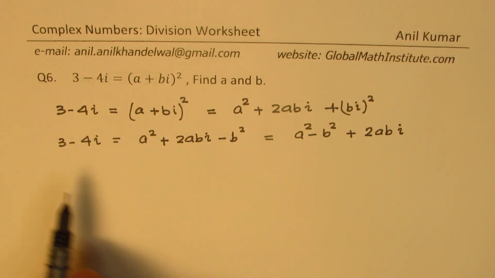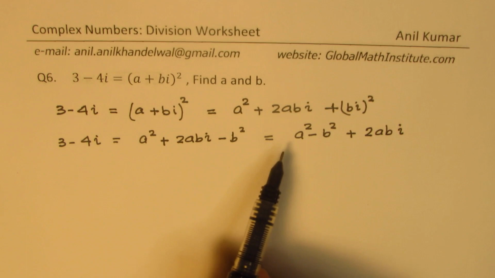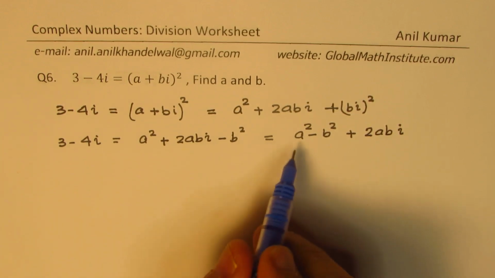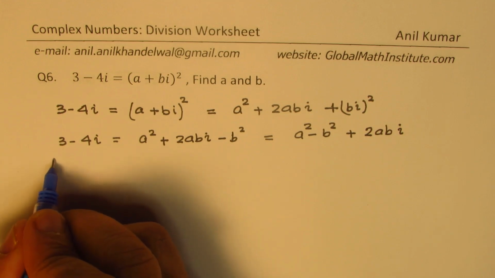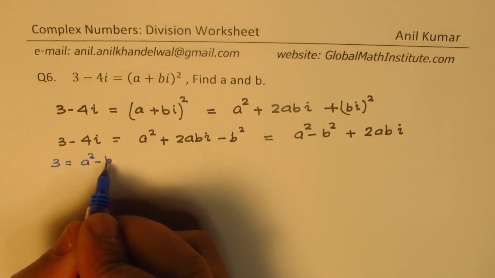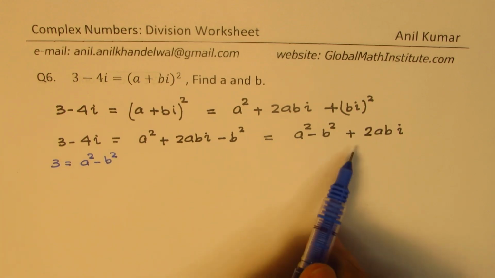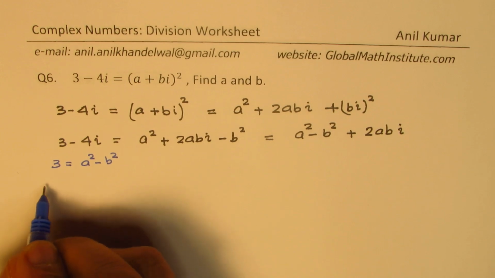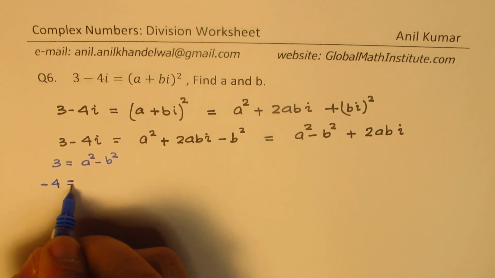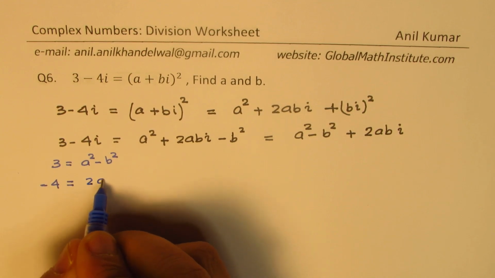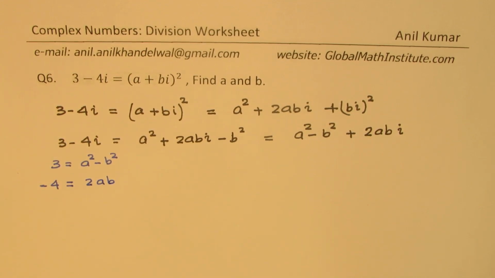Now since this is equals to 3 minus 4i, we get two equations here. One of the equation is 3 equals to a square minus b square. The other equation is minus 4 is equal to 2ab. Correct? So these are the two equations to solve.